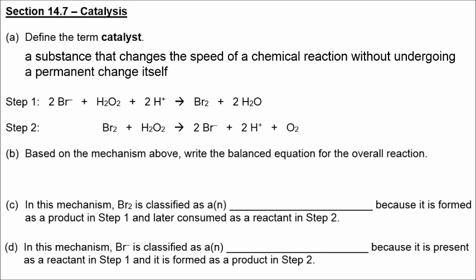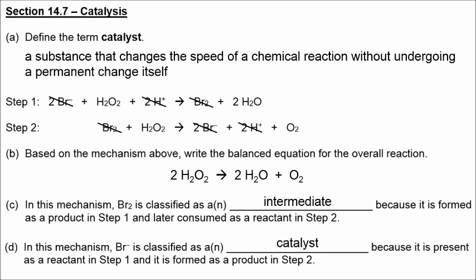Let's cross off the chemicals that appear on both sides, and we add step 1 and step 2 together. We end up with an overall balanced equation that involves 2 molecules of H2O2 and producing 2 molecules of water and 1 molecule of O2. In this mechanism, Br2 would be classified as an intermediate because it is formed in step 1 and then later consumed in step 2.